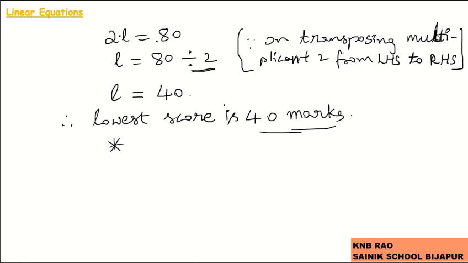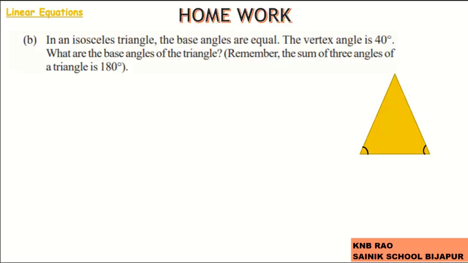Now, coming to the sub question B, in an isosceles triangle, you know isosceles triangle speciality here I have already depicted. Let us say this is ABC triangle in which AB equals to AC. In an isosceles triangle, the base angles, who are the base angles? Here I have shown you. Here angle B is base angle and angle C is base angles.